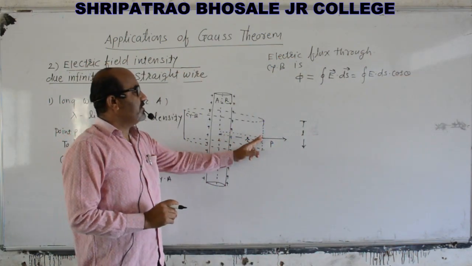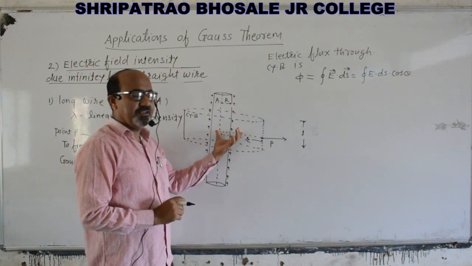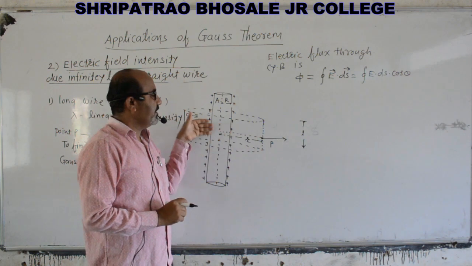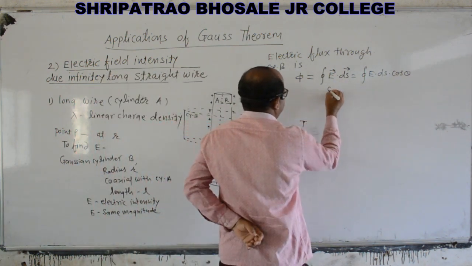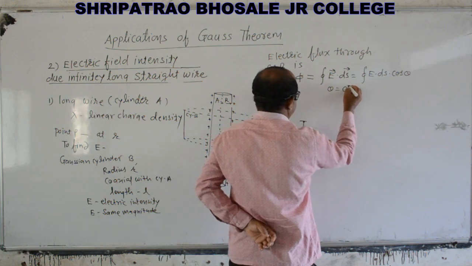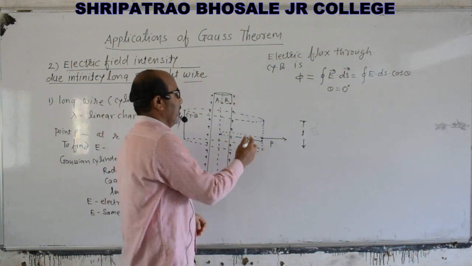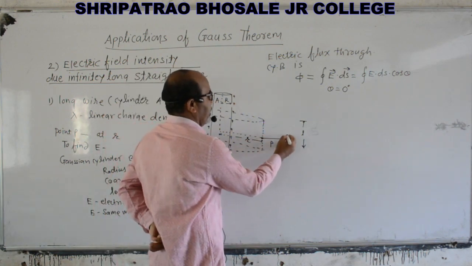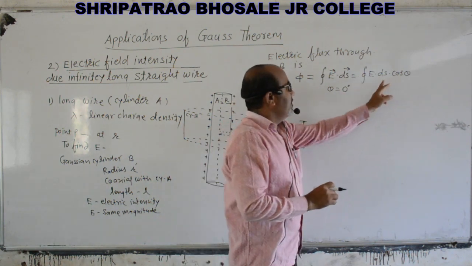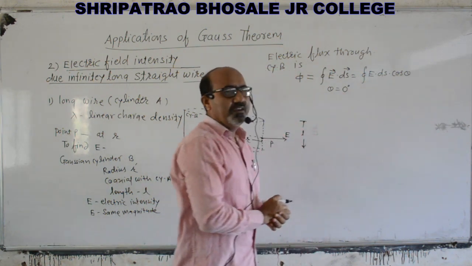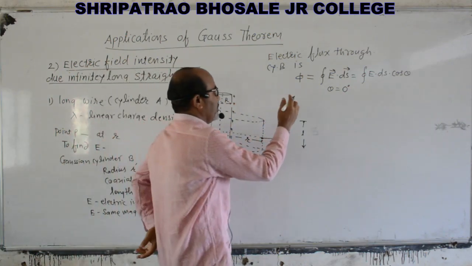As electric intensity for every point on the surface of this cylinder is directed radially outward, therefore theta is equal to 0 degree, because it is the angle between the normal to the surface and electric intensity E, and electric intensity has the same magnitude for all points on the surface, so E is constant.